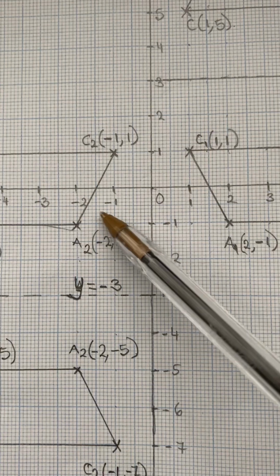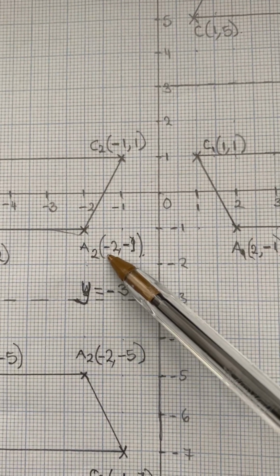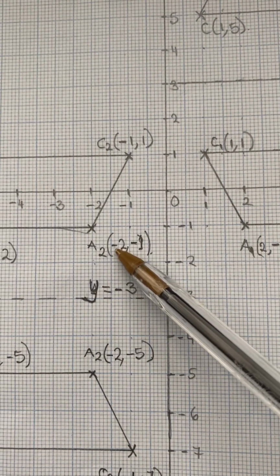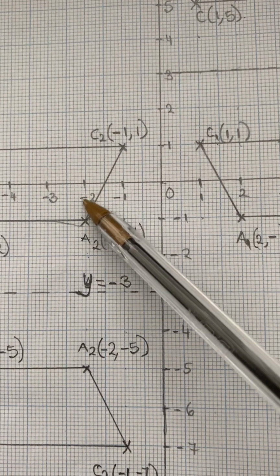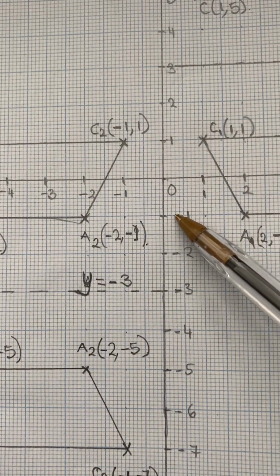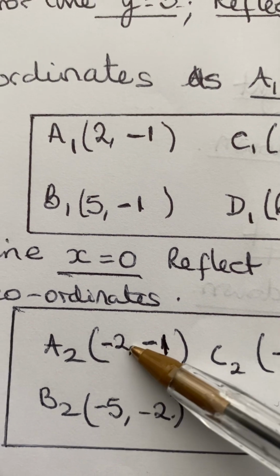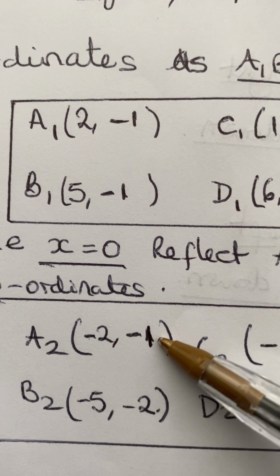So 1, 2. A2 now will be minus 2 for x, minus 1 for y. So we come A2, minus 2, minus 1.